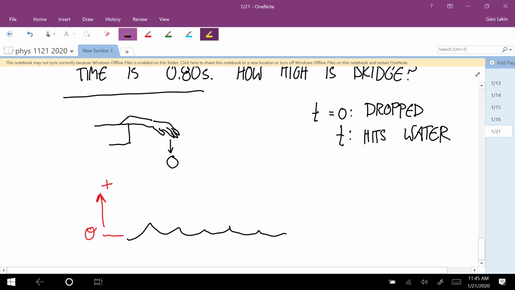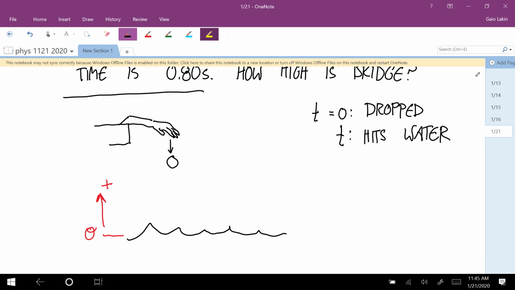And does anyone remember what are the criteria for how you choose time equals 0 and time t? Those are places where you're given information and or you're looking for information.